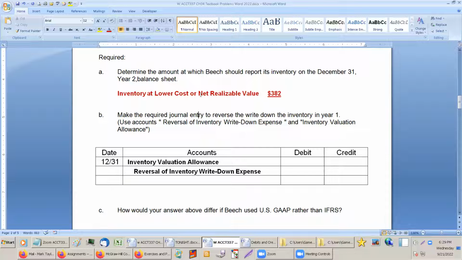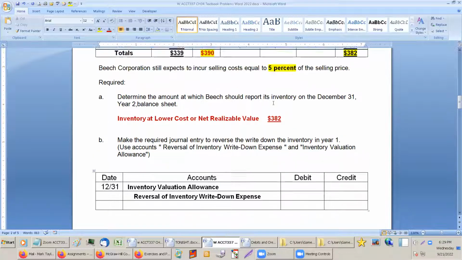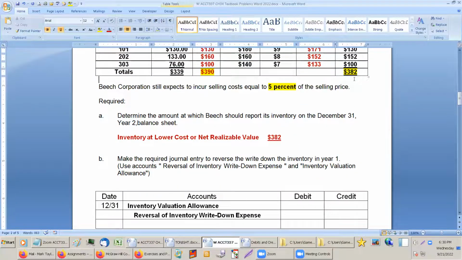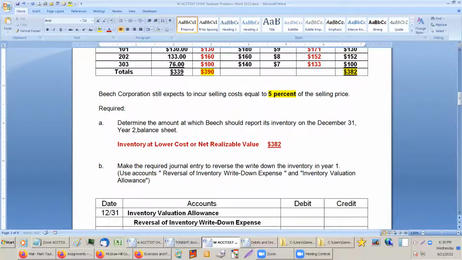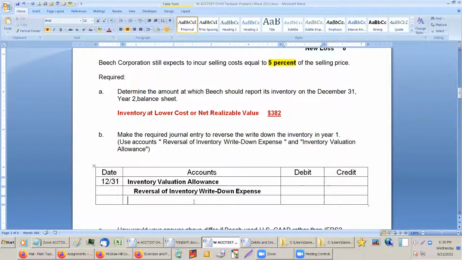Is it 43? Yep. Yeah, because you'll notice that up here this is the new loss, let's say, $8. The difference between those two. But we already have this written down for 51, so we have to reverse out.